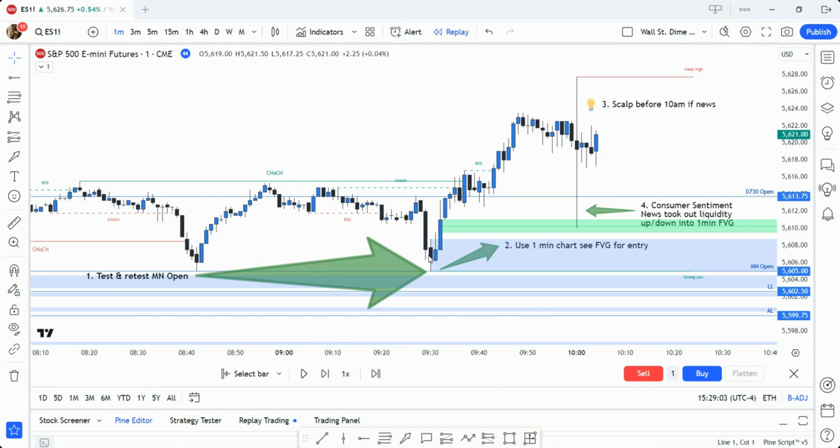Now, if I had a bias that the market would go higher, then what I'd like to see is the price to be under the 7:30 open or the midnight open, or at least at the 7:30 or midnight.